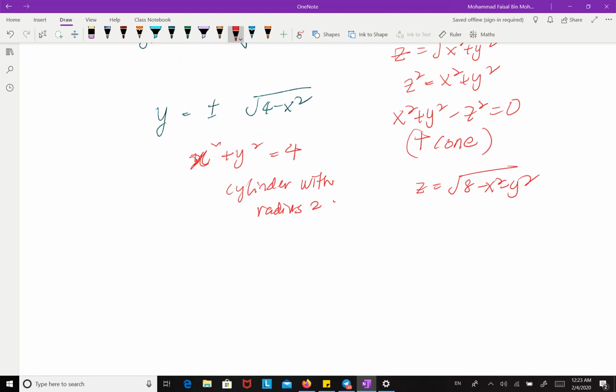If you square both sides, you get x squared plus y squared plus z squared equals the square root of 8 squared.